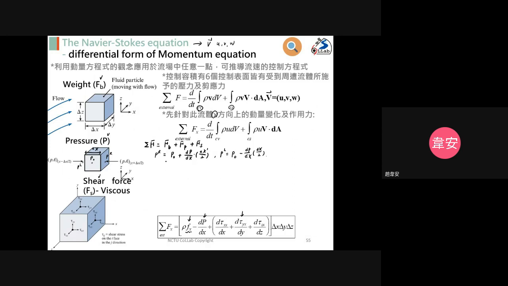So what is the pressure force Fp? Fp is equal to the force left.